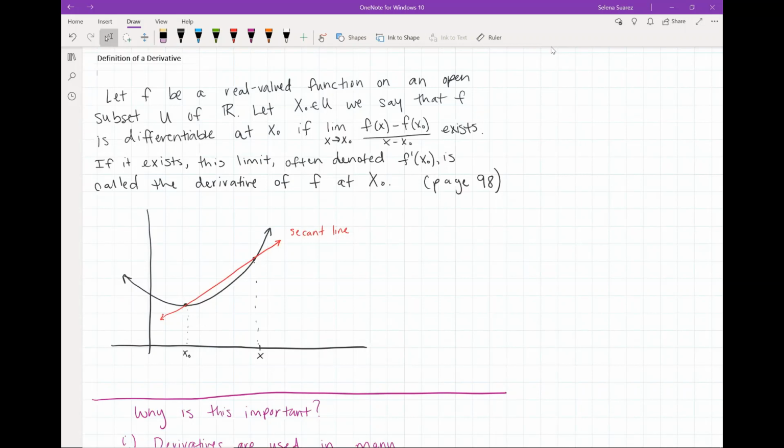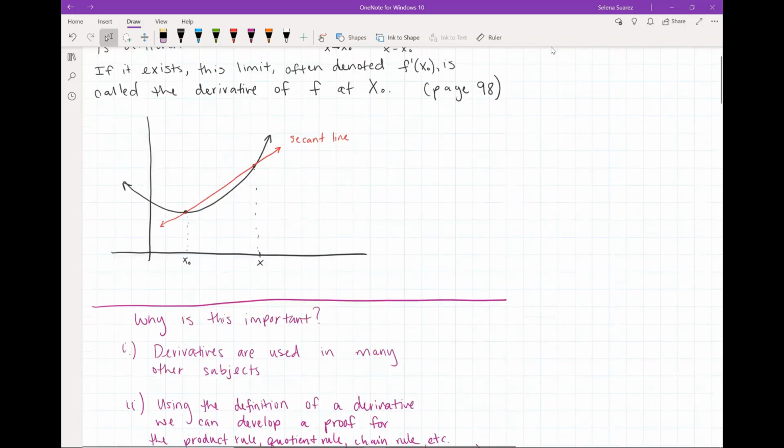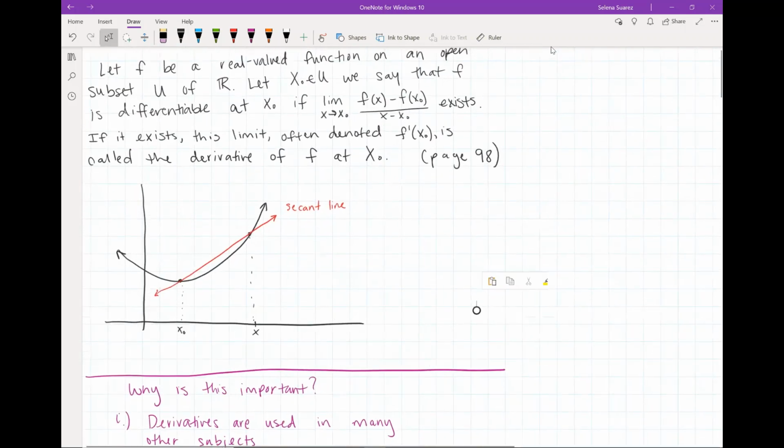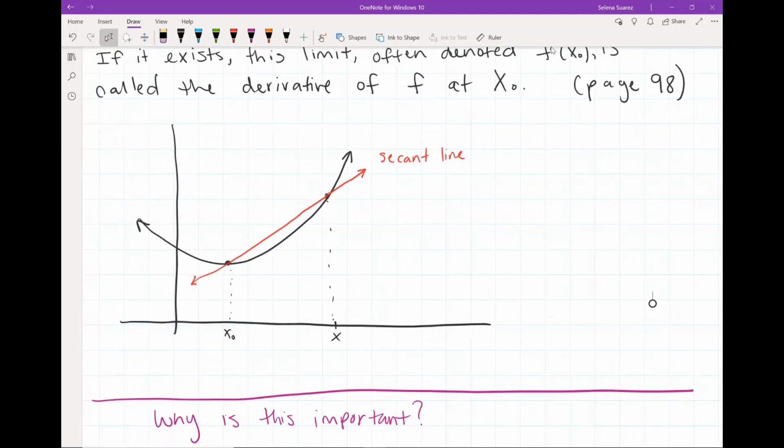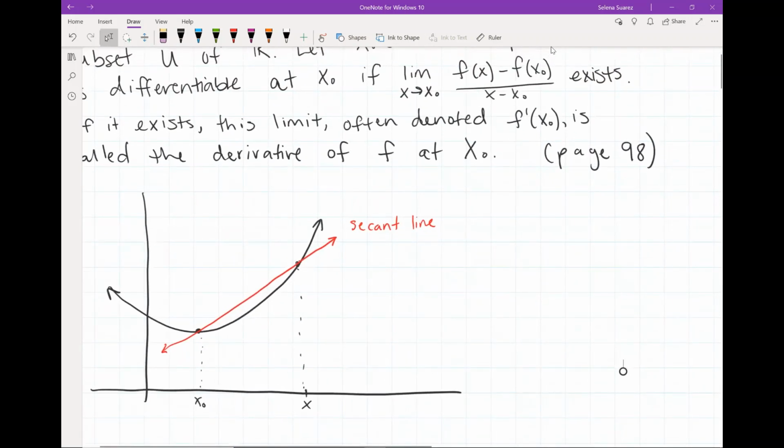So I just quickly wanted to demonstrate what this means graphically. I already have a graph here, and I have my 2 points, x naught and x. If we're trying to figure out the definition of the derivative here, we're basically trying to figure out what the slope is at this point x naught, because the derivative is just the slope of the tangent line.